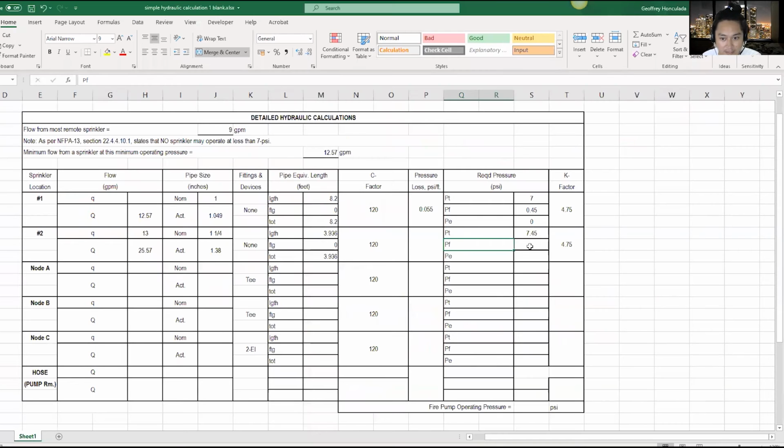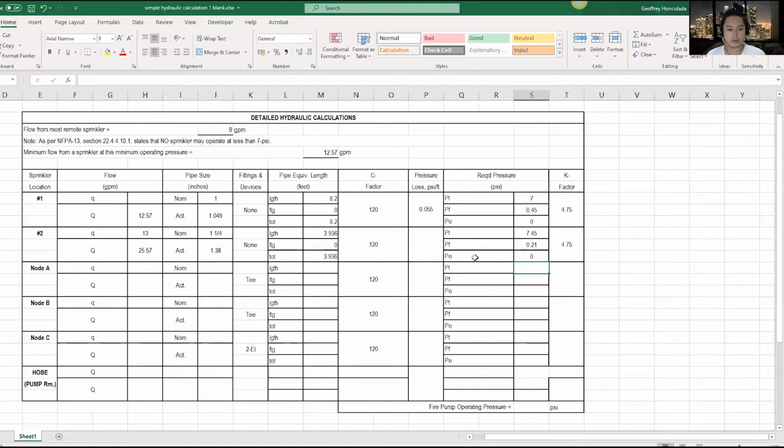Then we'll put that in our table, 0.21 psi, and same with sprinkler 1, we have 0 elevation because we are again assuming that there is no elevation of the sprinklers in reference to the crossmain.